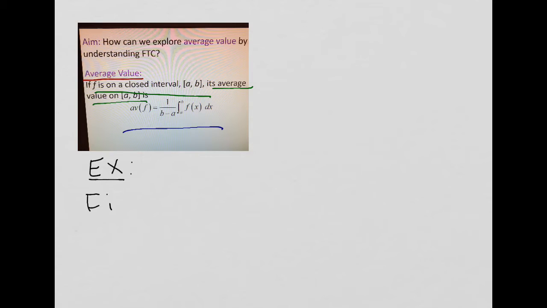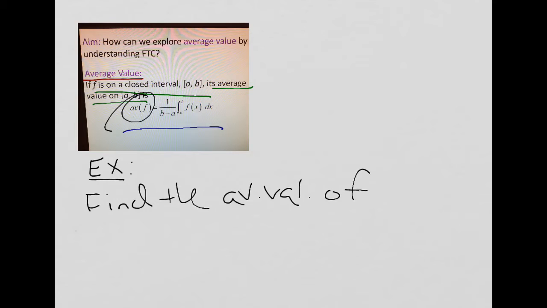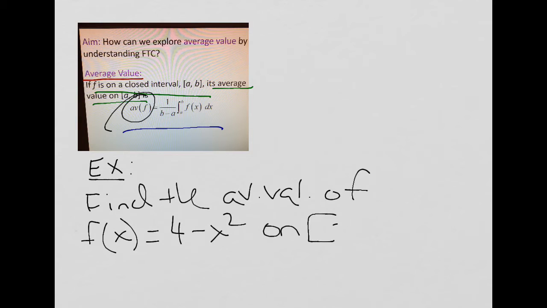Find the average value of f of x, which f of x is defined as 4 minus x squared, on the closed interval from 0 to 3.